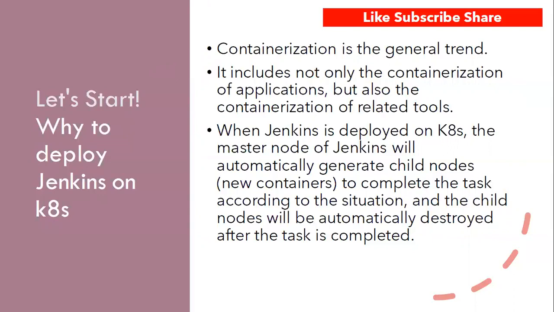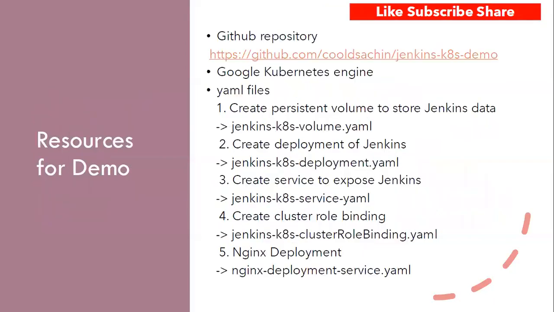And those child nodes will be automatically destroyed after the task is done. So that's the big advantage of deploying Jenkins on Kubernetes. So you don't have permanent slave agents. The master will create child nodes, that is slave nodes, and they will complete your task. And once the task is done, those slave nodes will be automatically deleted.